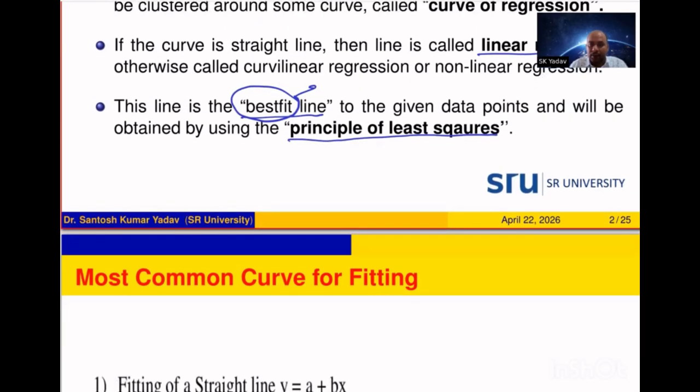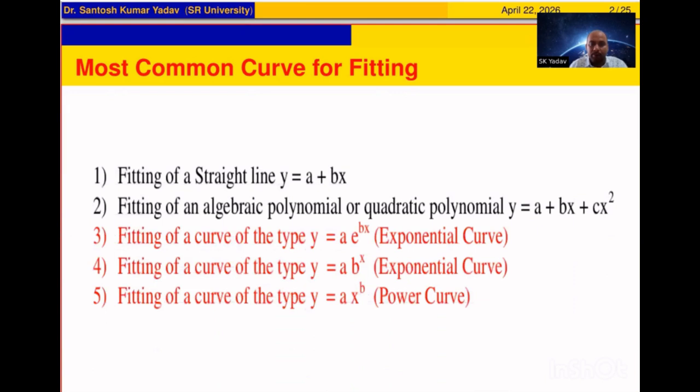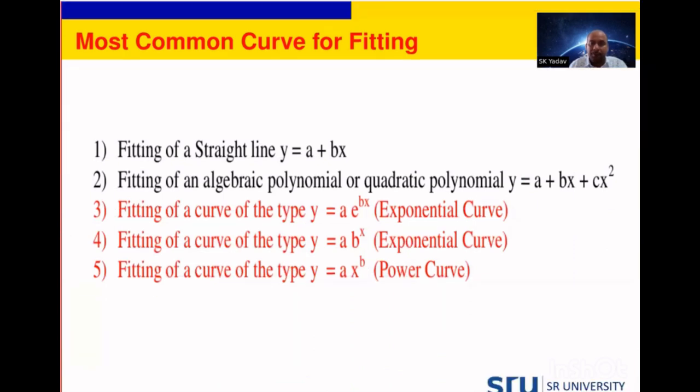In regression, we have the most common curves for fitting. The first one is fitting a straight line, y equal to a plus bx. Generally, you remember that y equal to mx plus c is a straight line. Here we are taking a and b, where b is the slope of the line and a is the y-intercept.